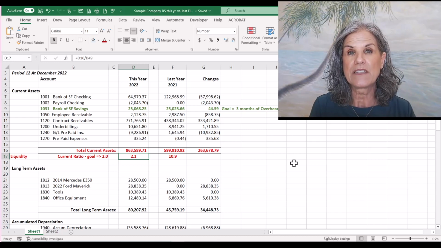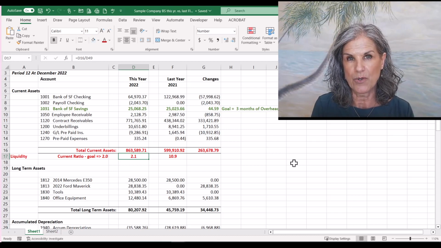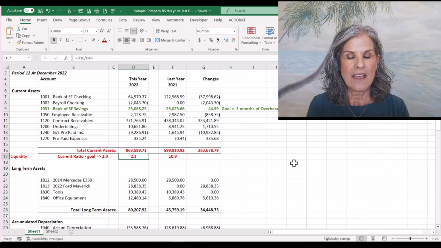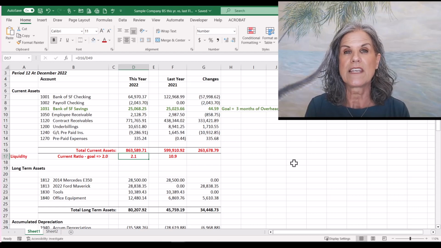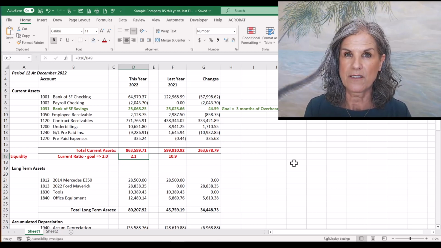Those unexpected events can impact our cash flow, but companies that have and maintain at least a 2 to 1 ratio of current assets to current liabilities tend to be able to withstand those hits much more easily.